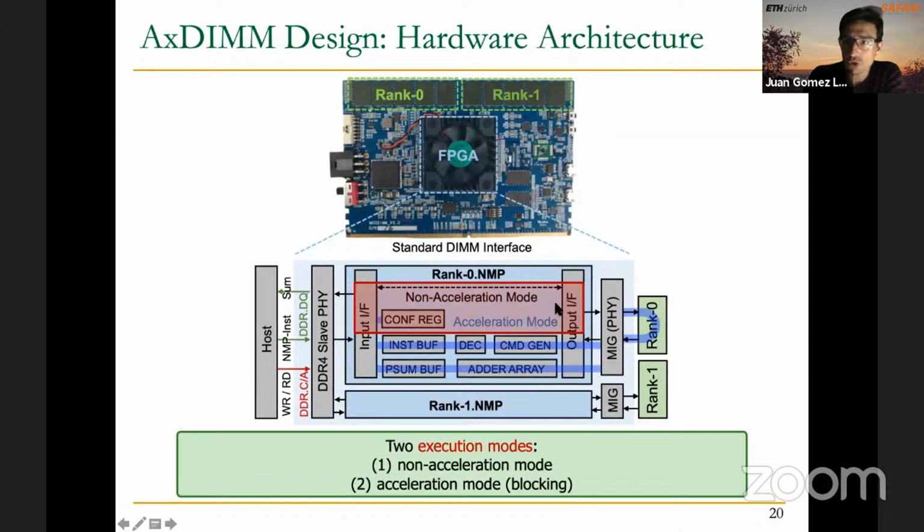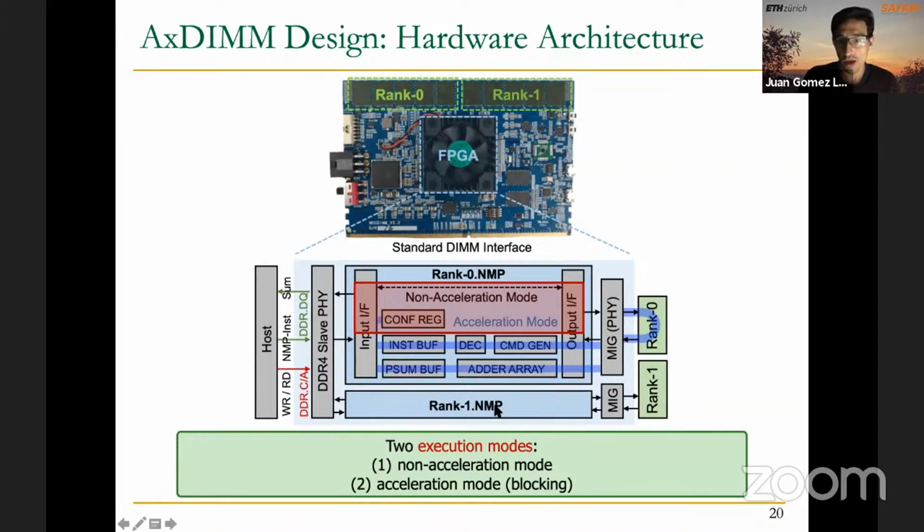And here we can also see in this plot that it's possible to work with two different execution modes. The first execution mode is the non-acceleration mode. This is simply no acceleration. This is simply memory access. So the host processor can access the ranks in a conventional way, just to read and write data as it usually does with any other DRAM device.